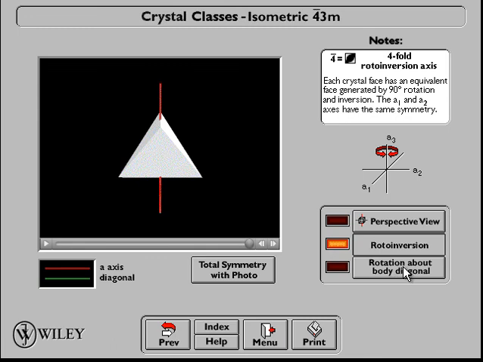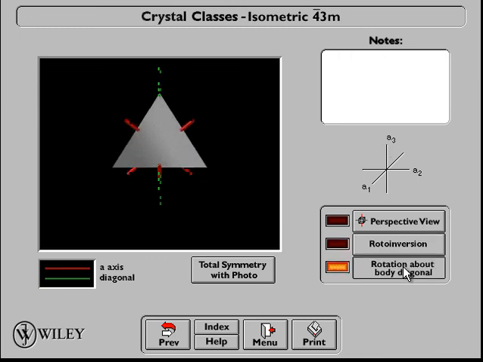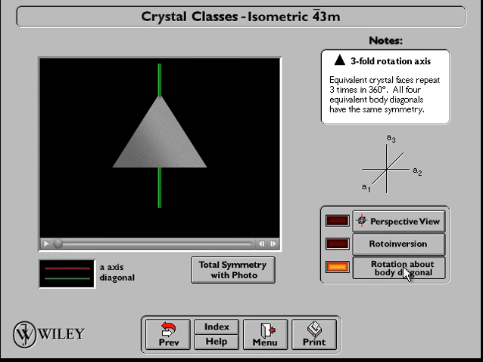Now we are going to the rotation about the body diagonal. Here we have a threefold rotation axis. Equivalent crystal phases repeat 3 times in 360 degrees. All 4 equivalent body diagonals have the same symmetry.